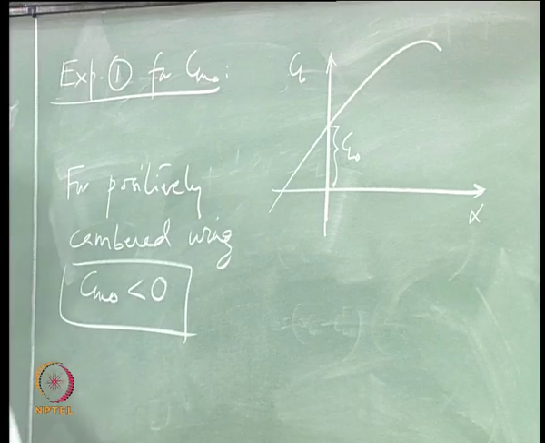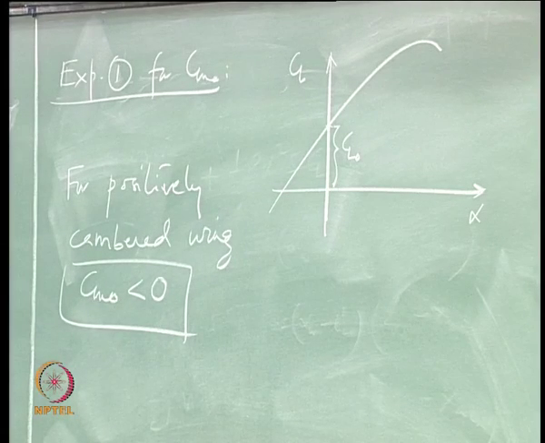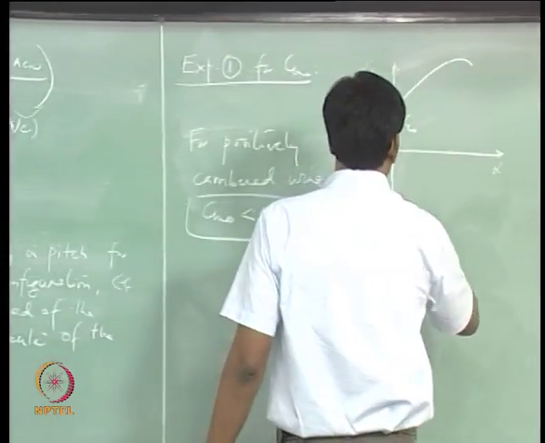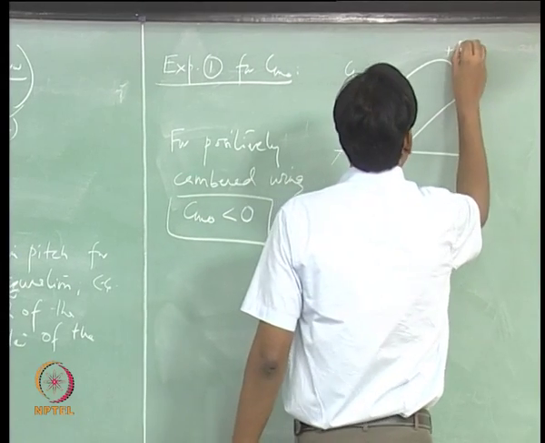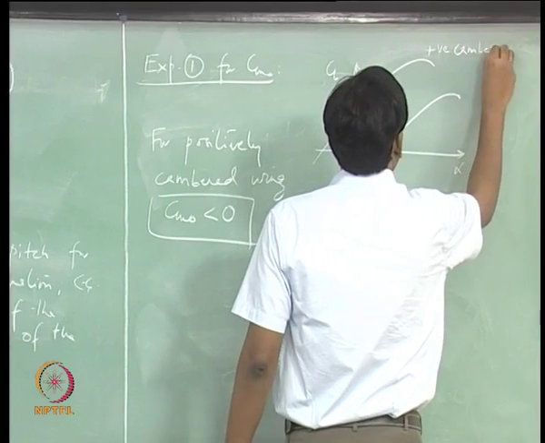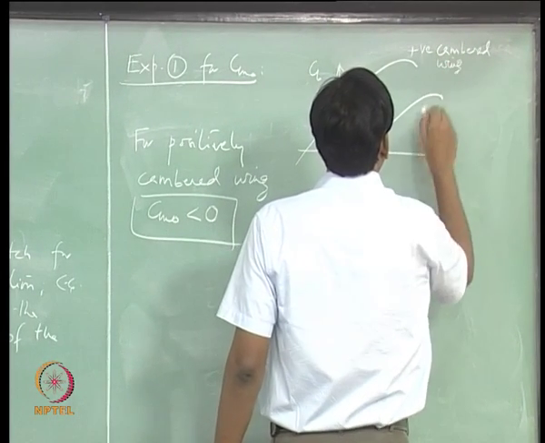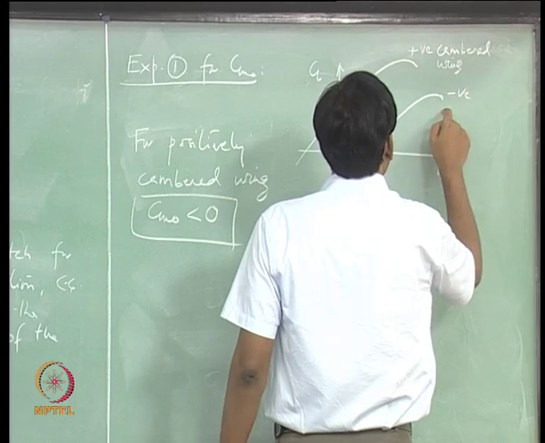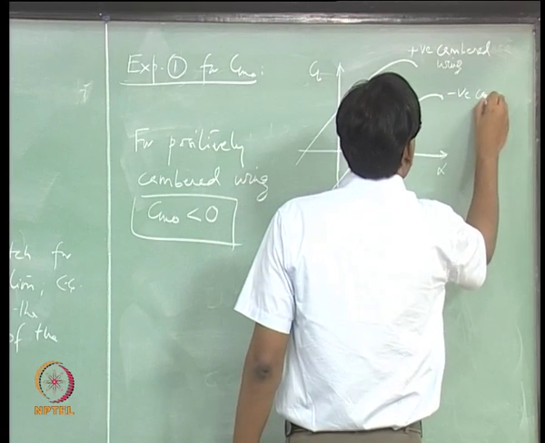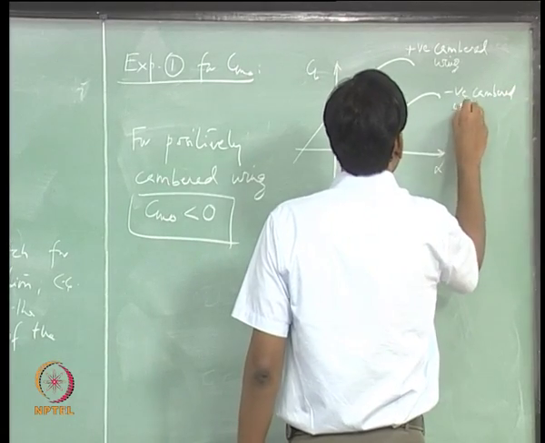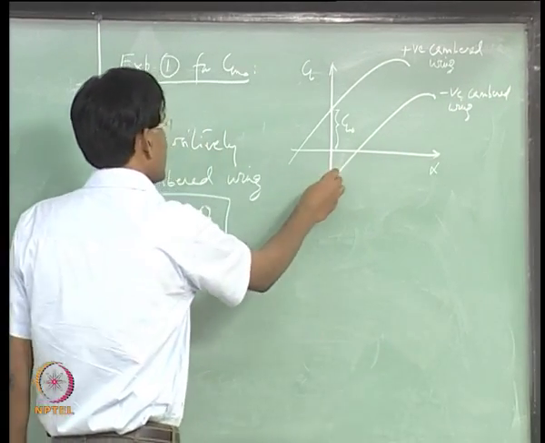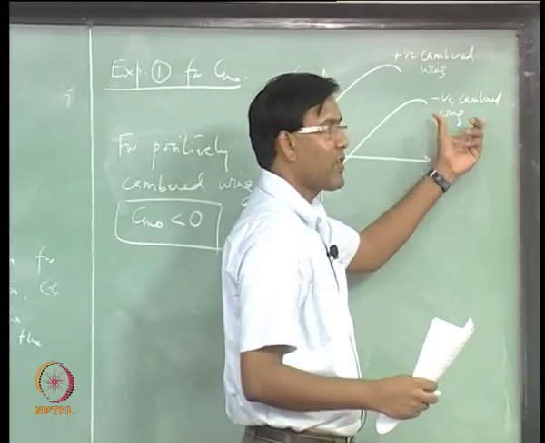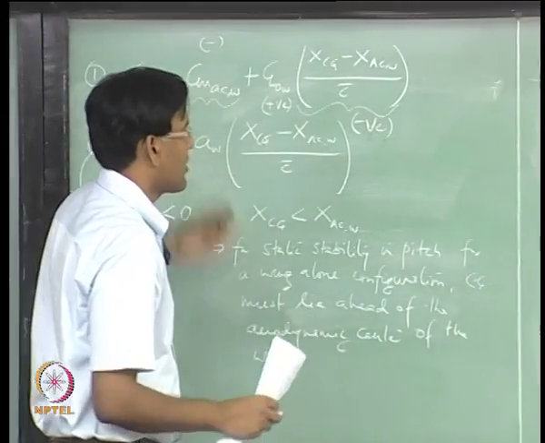But if we look at a negatively cambered wing, then this term is negative. Cl naught W, so positively cambered wing sections, and this is negatively cambered wing section. Cl naught is negative here. So, if we use a negative camber for the wing, then we can make this Cm naught positive.